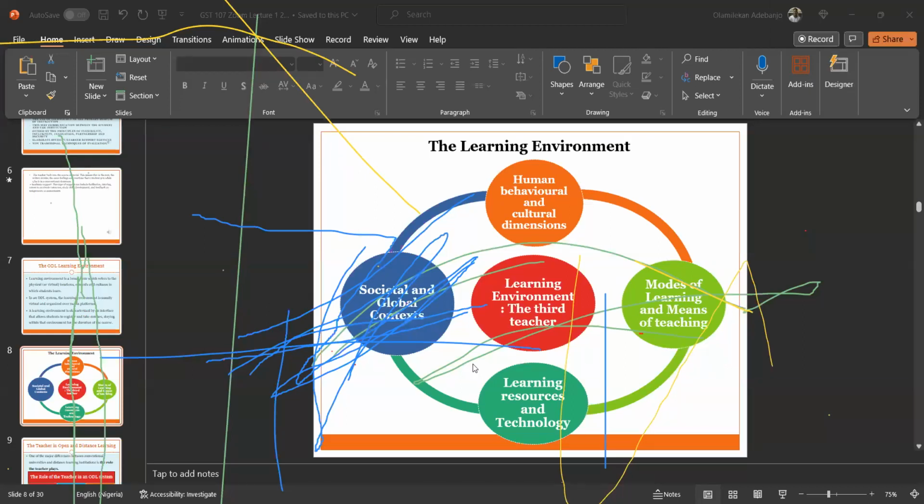So now what we are talking about is the environment. Just like we are now, you can see the kind of learning environment we find ourselves in. We have social and global context, mode of learning and means of teaching, learning resources and technology, all centered to become a learning environment with the third teacher, human behavior, cultural dimension.